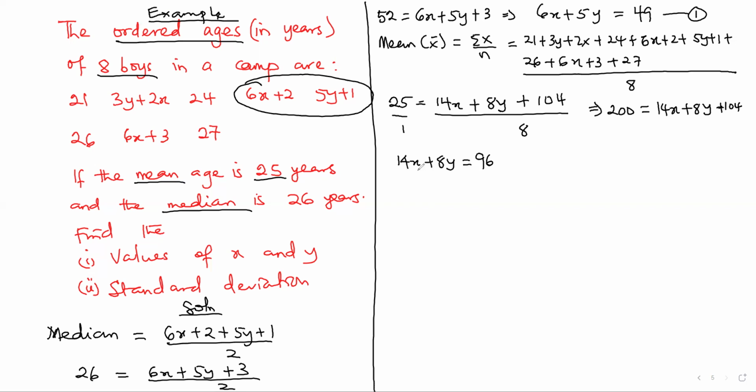So we can even choose to divide through by 2, and we'll have 7x plus 4y equal to 48, equation 2.